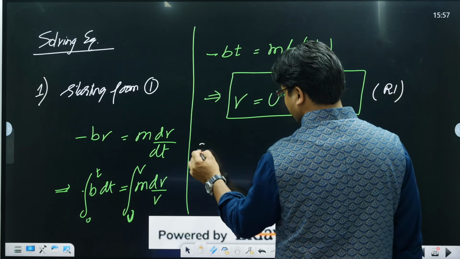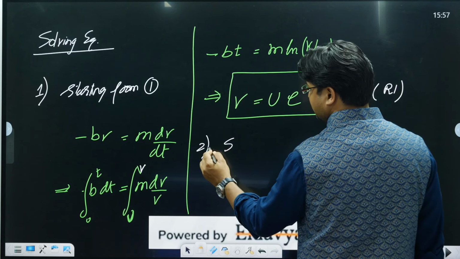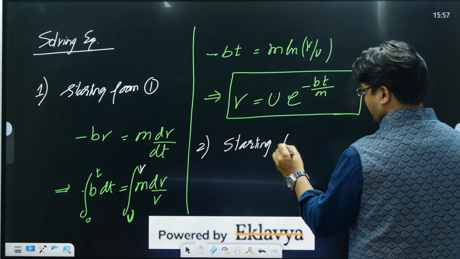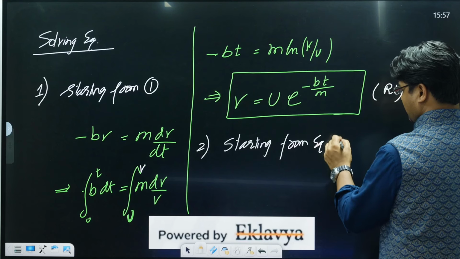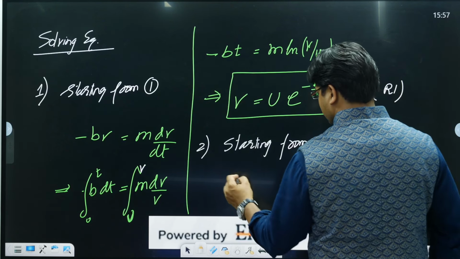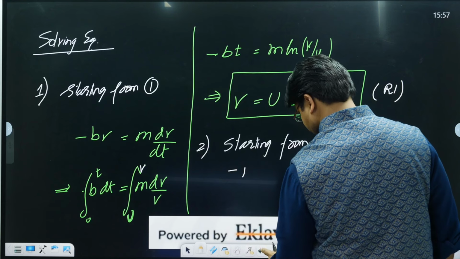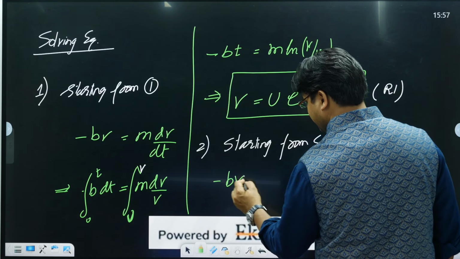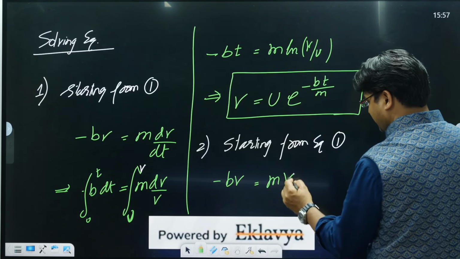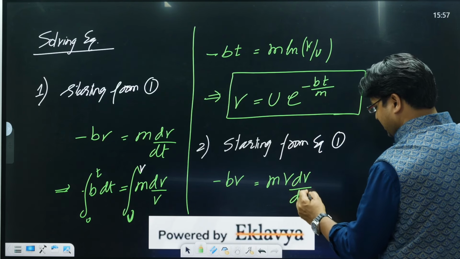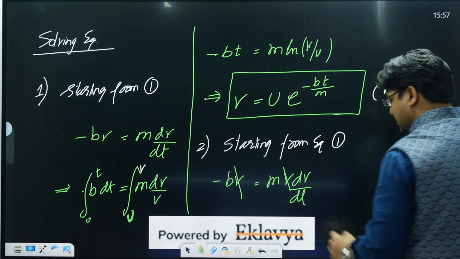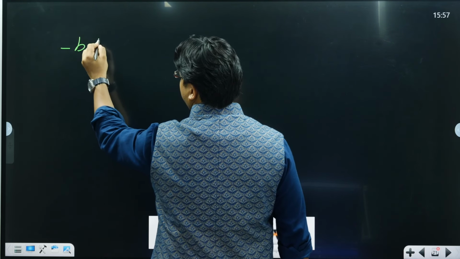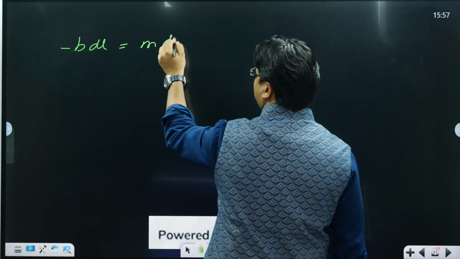My result 2 will be again starting from equation 1, the other version. Equation 1 was minus BV is equal to M, we wrote V dV by dL. So this V and this V get cancelled, and we get minus B dL is equal to M dV.